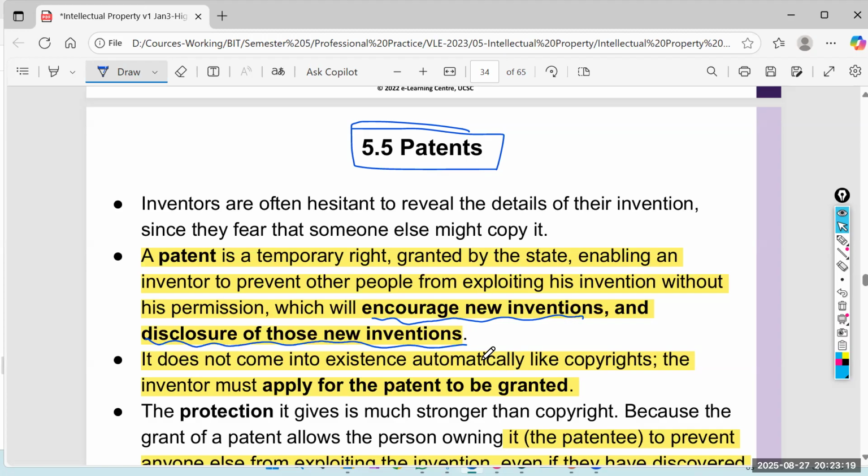If I can remember, it's about 20 years. So it encourages you to disclose your invention, and at the same time gives you protection so that you have the exclusive rights to use that invention for a limited period. That is the idea behind patents. But getting a patent is a very formal procedure. It's not implicit like other things.